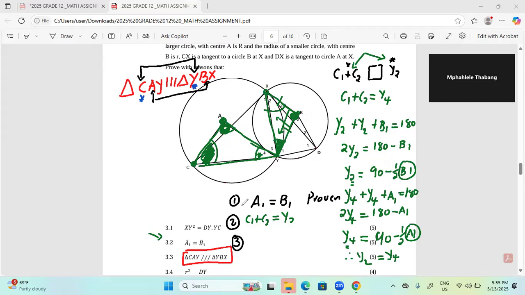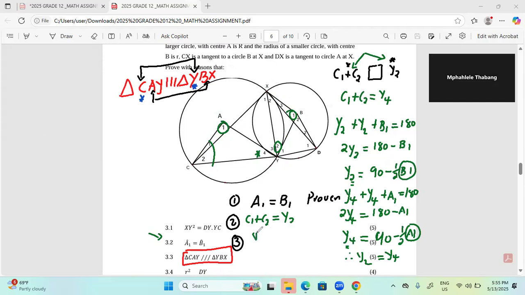Therefore, let me raise and see which angle I've proven. I've proven that A1 equals B1, it was given, and I just showed that Y2 equals C1 plus C2, which means that Y4 equals X2 plus X3.